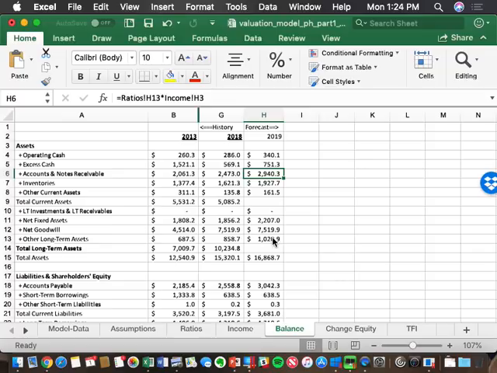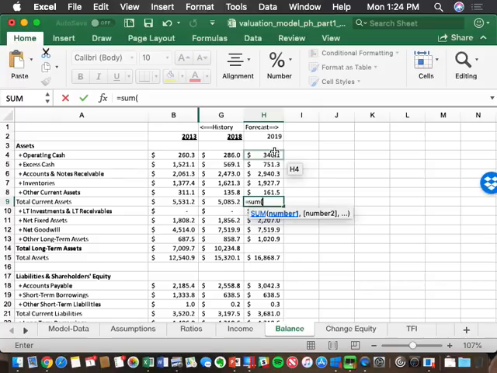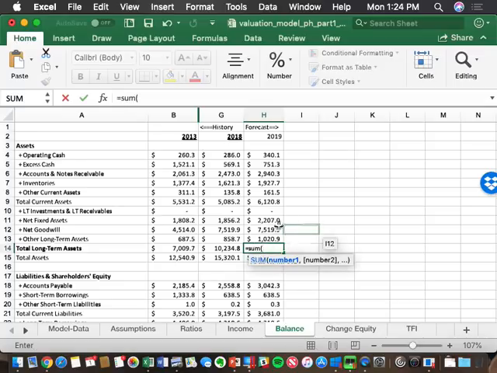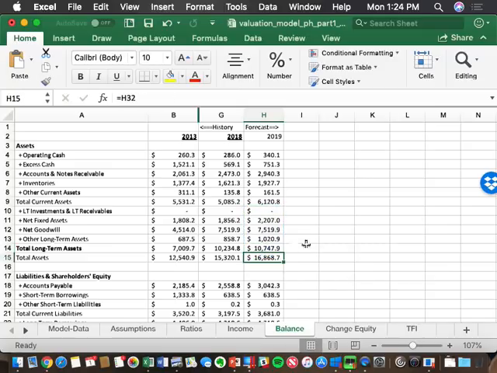And now we can just make our balance sheet tidy. So current assets, which is H9, equals the sum of the 5 items above, from operating cash all the way to other current assets, H4 to H8. For long-term assets, equals the sum of long-term investments through other long-term assets. The 4 items above should be 1,047.9.